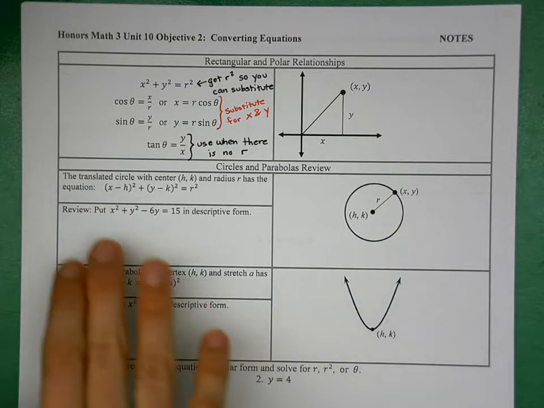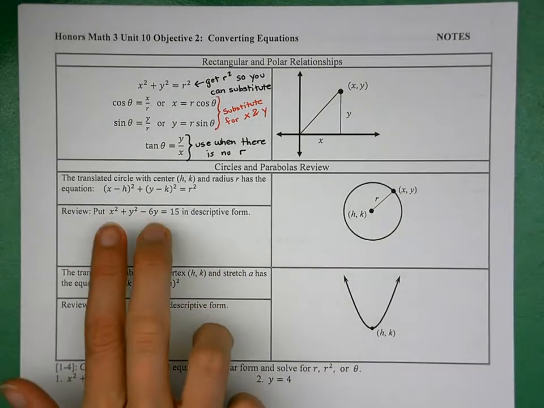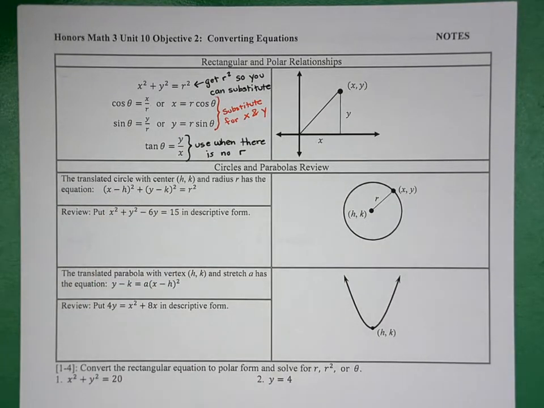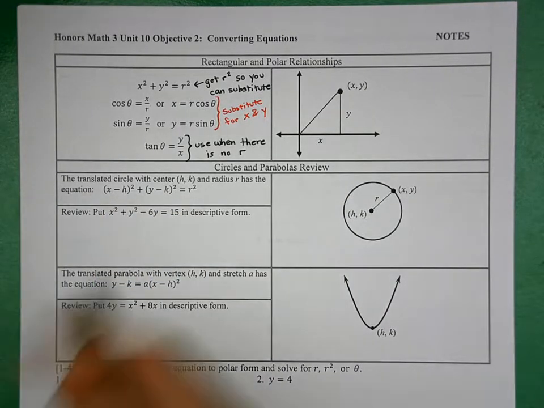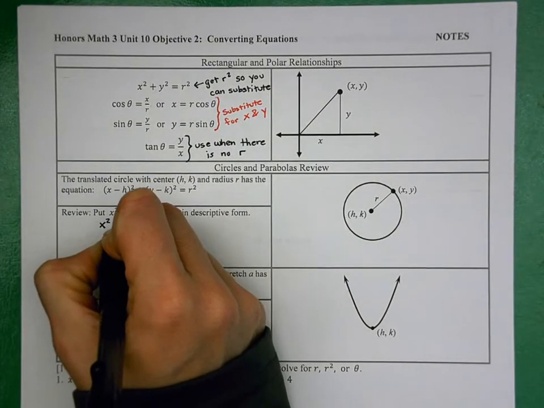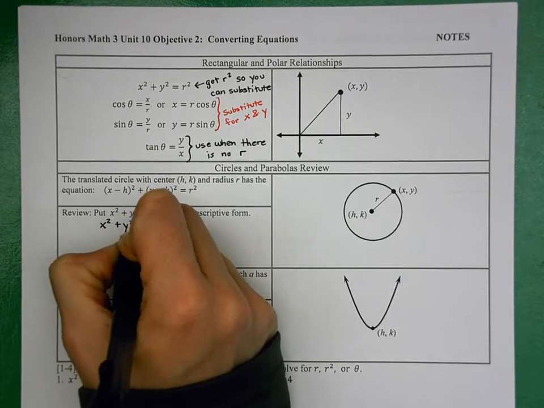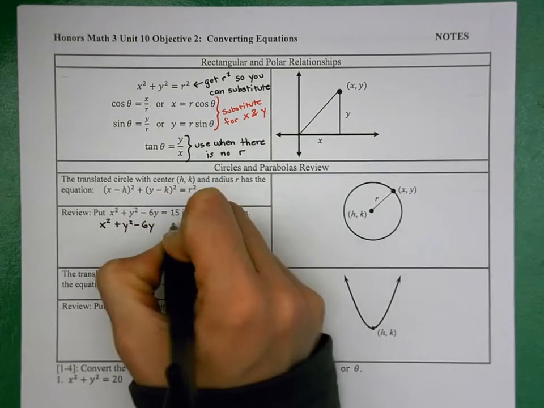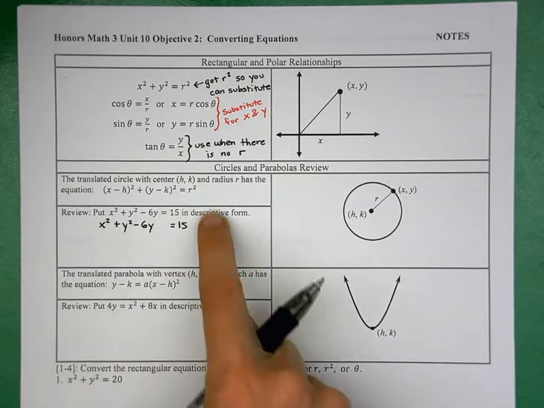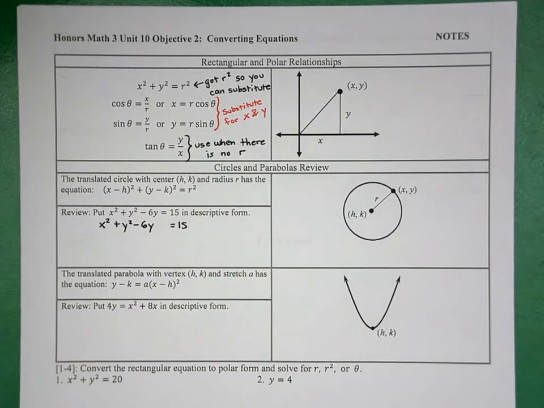Okay, so a quick review of completing the square. We have x squared plus y squared minus 6y equals 15. This is the one for those who learned it this way, where you are separating your x's from your y's. And if we had had another coefficient over here with the x's and y's, we'd subtract it over with the 15 on the other side.